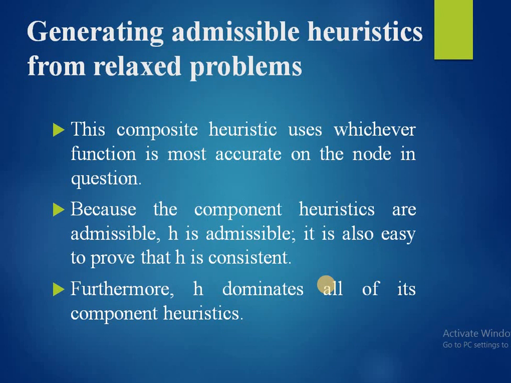This composite heuristic uses whichever function is most accurate on the node in question. Because the component heuristics are admissible, h is admissible. It is also easy to prove that h is consistent. Furthermore, h dominates all of its component heuristics.